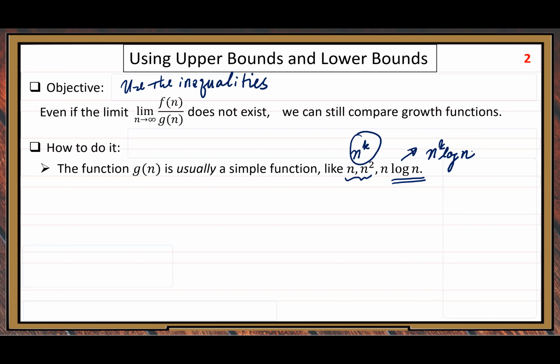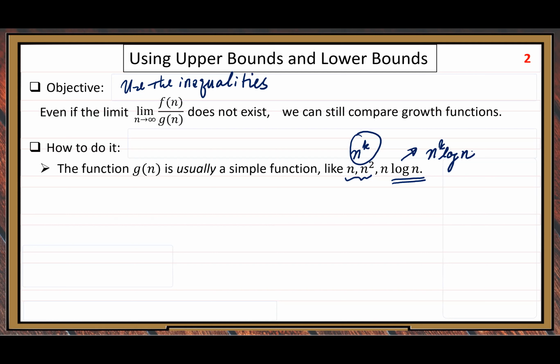These are the commonly used g function types, because for g we want to use simple functions to do comparisons.